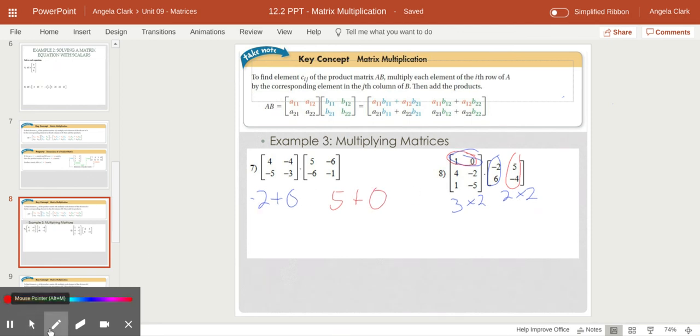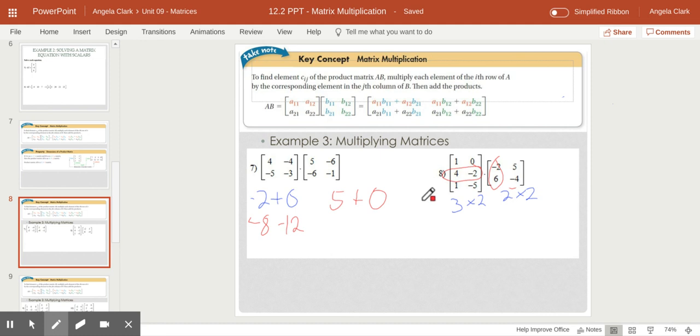Okay. Now we're going to do the second row, first column. So second row, first column. So we're going to do 4 times -2 is -8, plus -2 times 6 is -12, so -12.